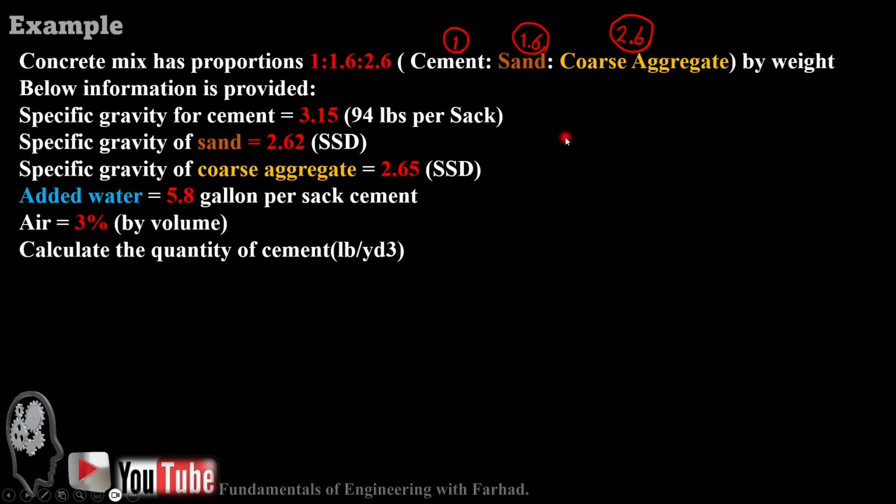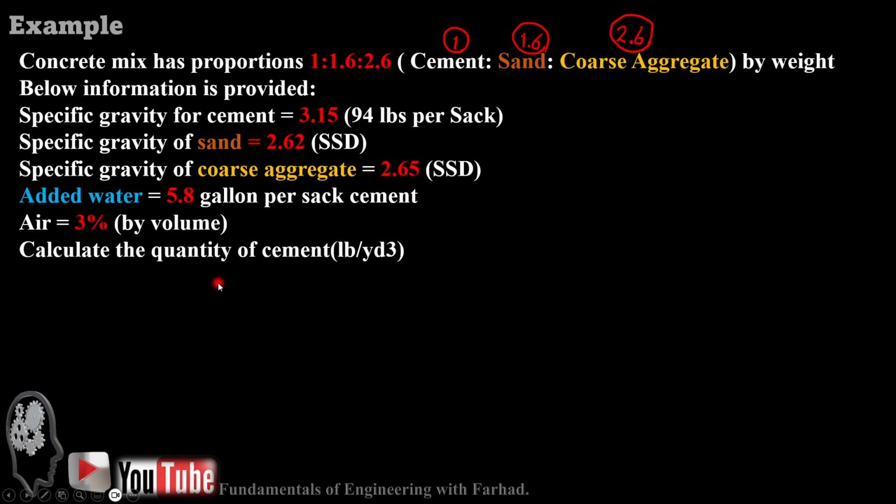2.6 by their weight. The information of specific gravity for cement: each sack of cement is almost 94 pounds in weight, and the specific gravity for cement is 3.15. The specific gravity of sand and coarse aggregate in their surface saturated dry condition are provided, and added water is 5.8 gallon per sack of cement, and entrapped air is 3% by volume.